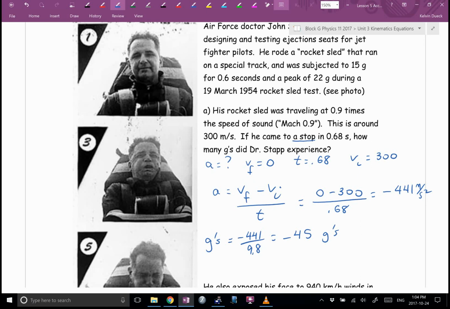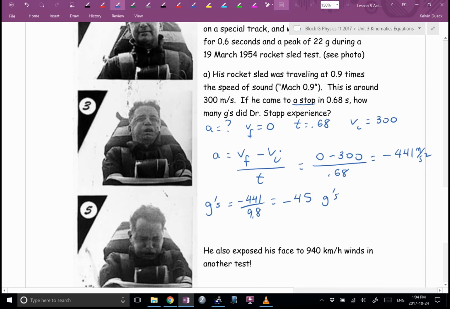Okay. Sort of. I'm going to show you the video shortly. He also exposed his face to 940 kilometer an hour winds in another test, because the other question is, okay, you may be able to survive the G-forces, but what will the wind at that speed do to naked skin if pilots are ejecting up there?